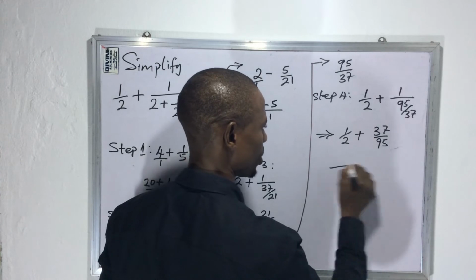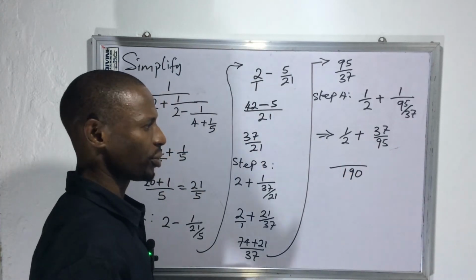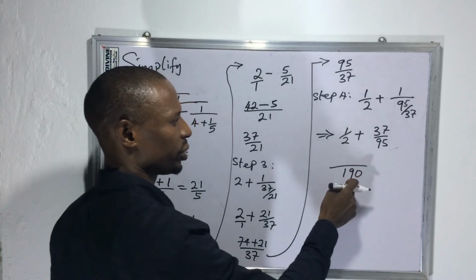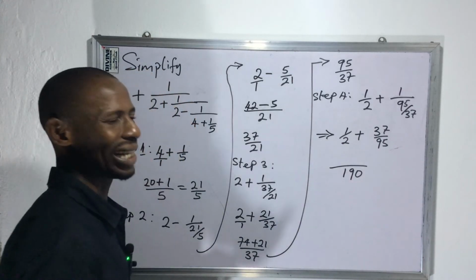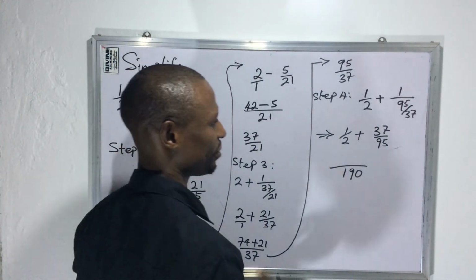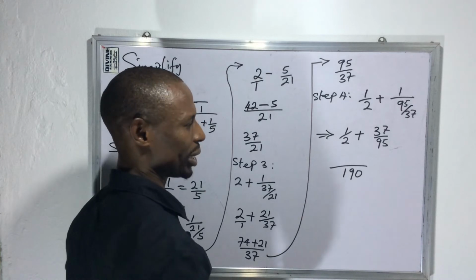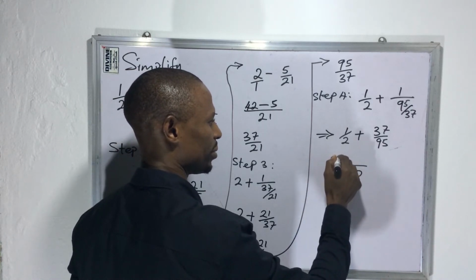So this will give us 190. We use 2 to divide 190, and that will give us 95. Use the 95 to multiply 1. So 95 times 1 gives us 95.